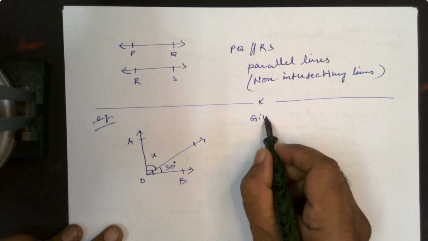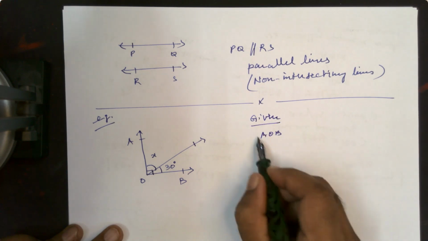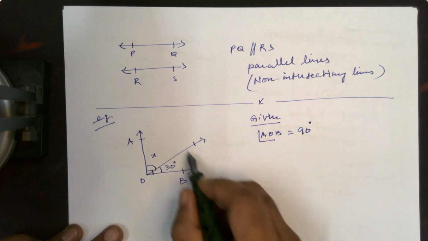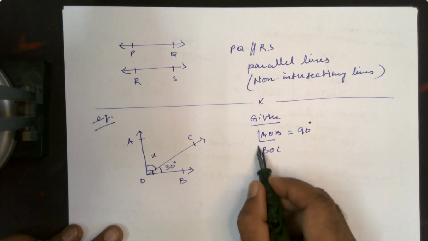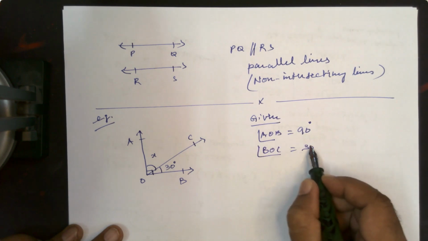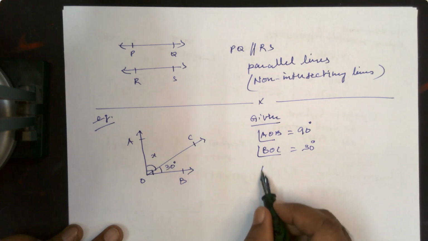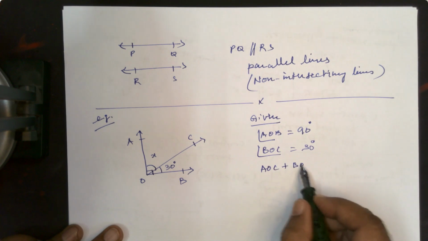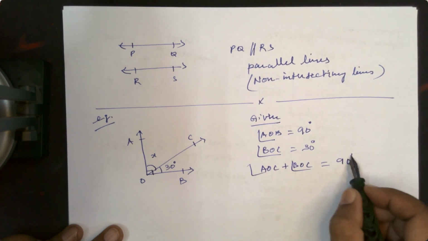So given AOB is equal to 90 degrees and BOC is equal to 30 degrees, we know AOC plus BOC is equal to 90 degrees.